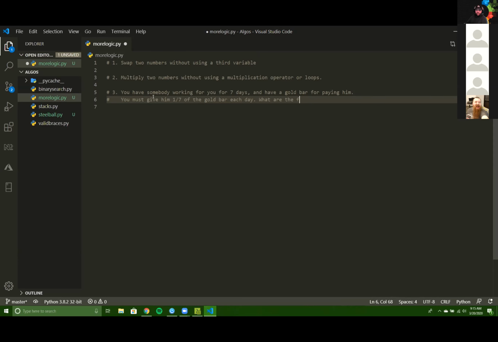What are the fewest number of cuts to the bar of gold that will allow you to pay him 1/7 each day and draw it out?